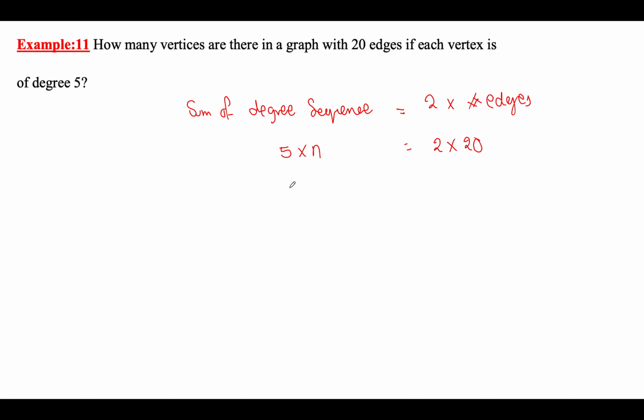Now 5n should equal 2 times 20, which is 40. In order to find the value of n, we divide by 5, and then we get that n is equal to 8 vertices.